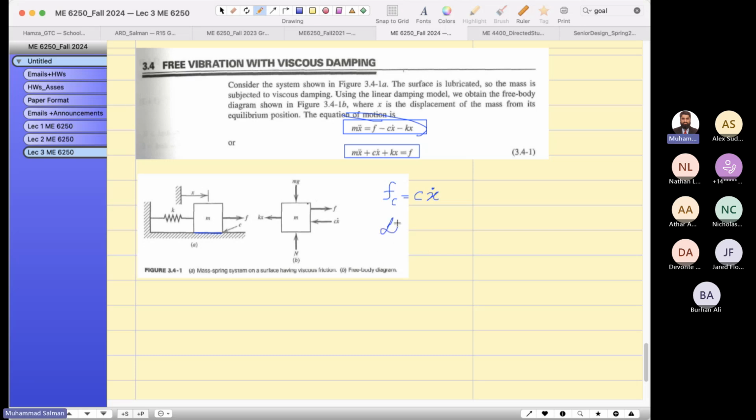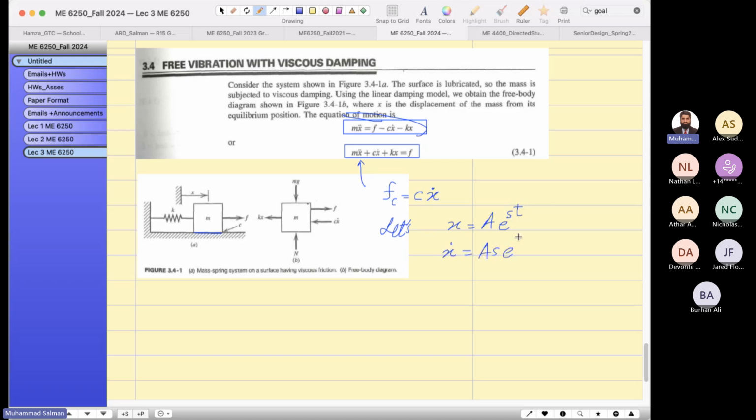Now assume the solution is A e to the s t. So I want to plug in x dot and x double dot. What is x dot from here?